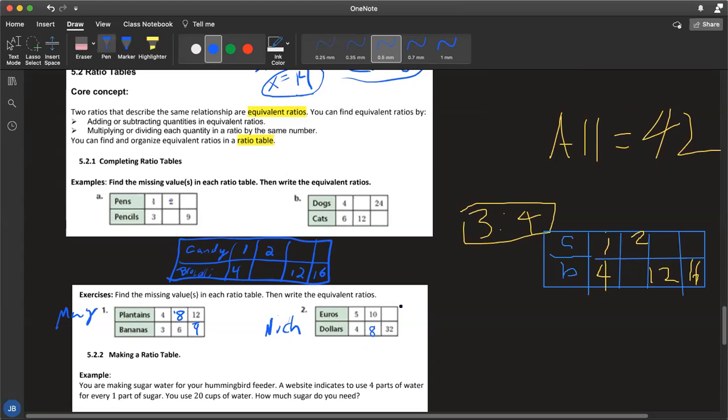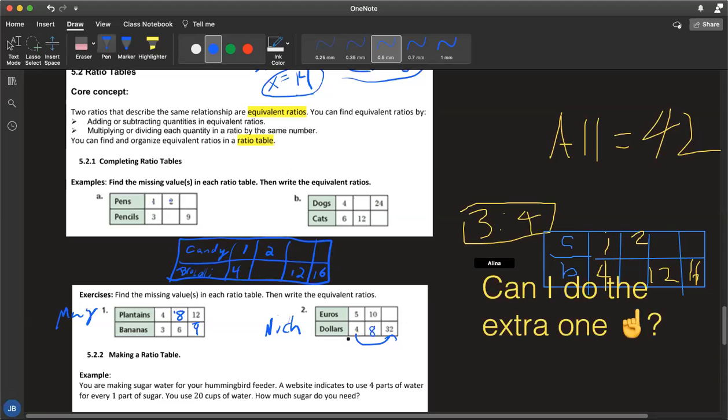Perfect. So now to figure out this one, instead of 5 times 2, we have to figure out 4 times something equals 32, right? So I did 32 divided by 4, which is 8. Perfect. So times 8.